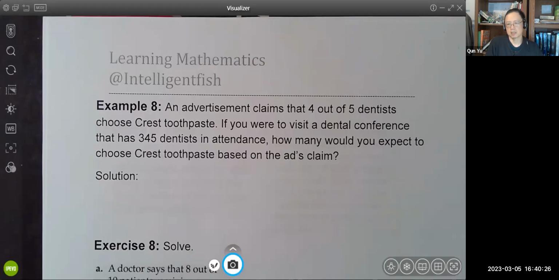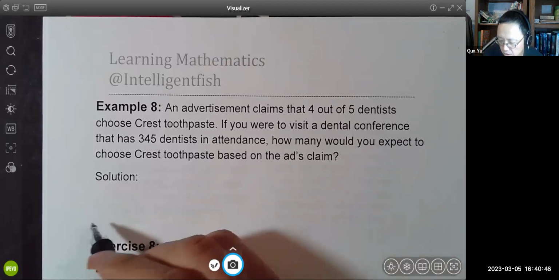In other words, 4 out of 5 dentists will choose Crest toothpaste. At this conference, there are 345 dentists. So 4 out of 5 of those will choose Crest toothpaste. So how many of them?